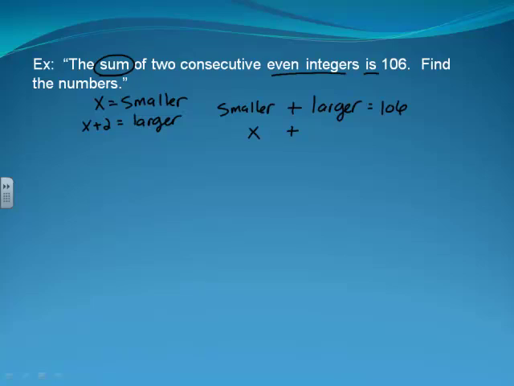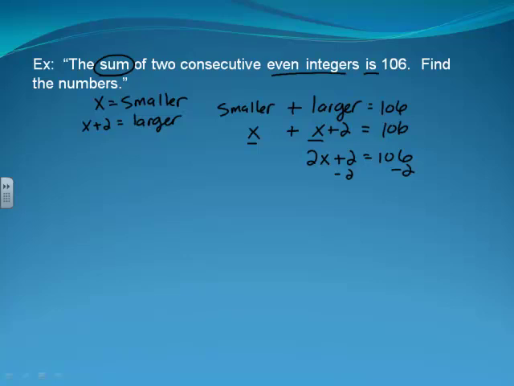The larger number we said was x plus 2. Those two added together will give you 106. Solve the equation. You've got like terms over here on the left-hand side. x plus x is the same as 1x plus 1x, so you've got 2x plus 2 equals 106.